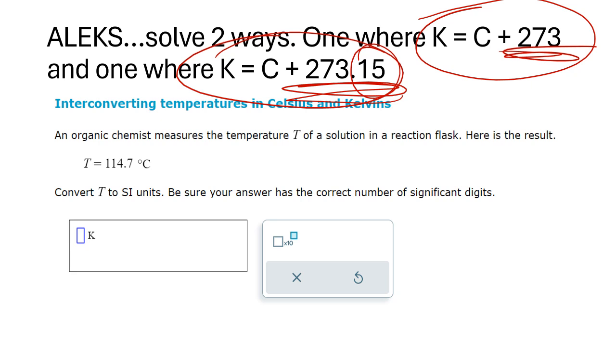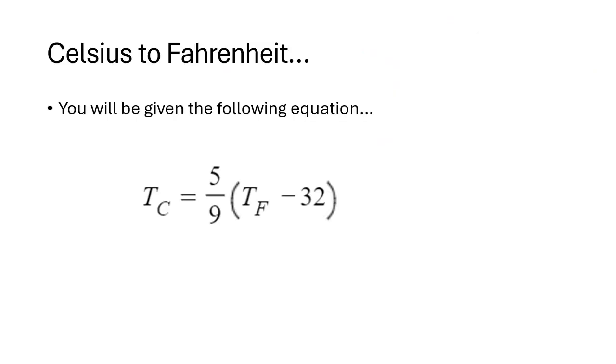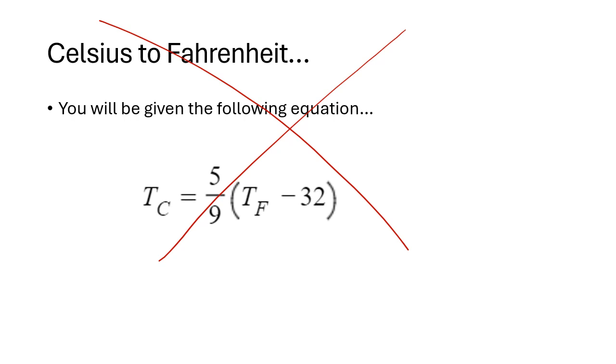Since it's adding, one of them is going to have 2 decimal places in the end, maybe, and this one would undoubtedly have 0 decimal places. Will not be asked to convert Celsius to Fahrenheit.